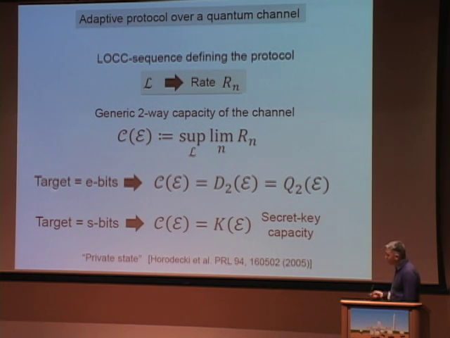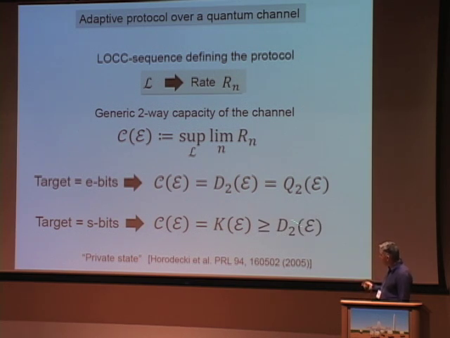But then we also consider a different target, the private state, as introduced in this paper. The private state is a sort of generalization of the maximally entangled state, and contains some number of secret bits. And this defines the secret key capacity of the channel. So doing this optimization, if the target is a private state, gives you the secret key capacity, or the private capacity, of the channel.